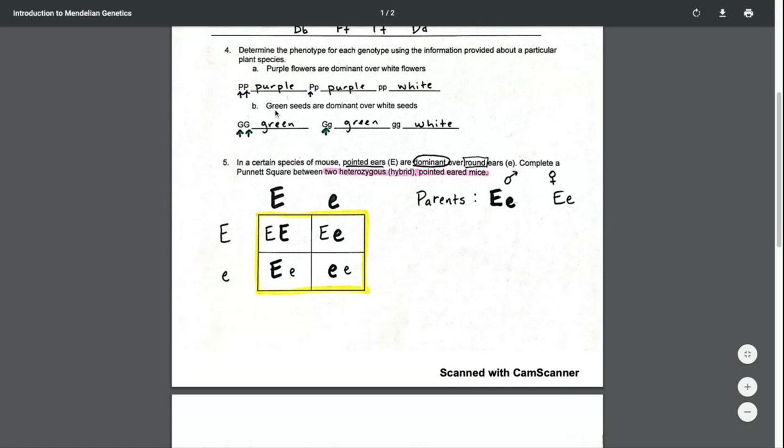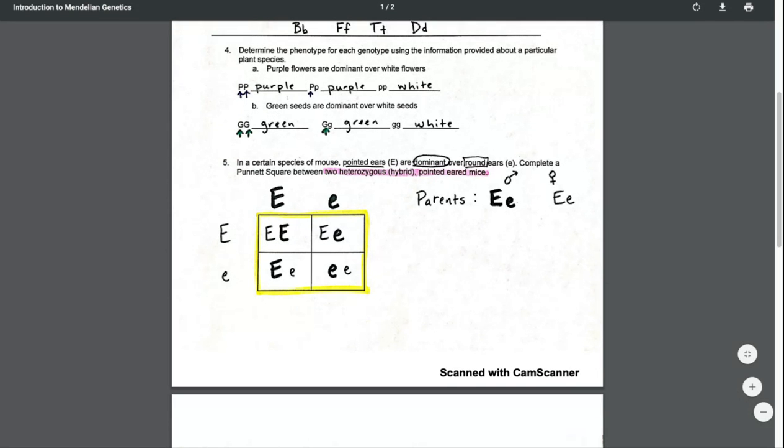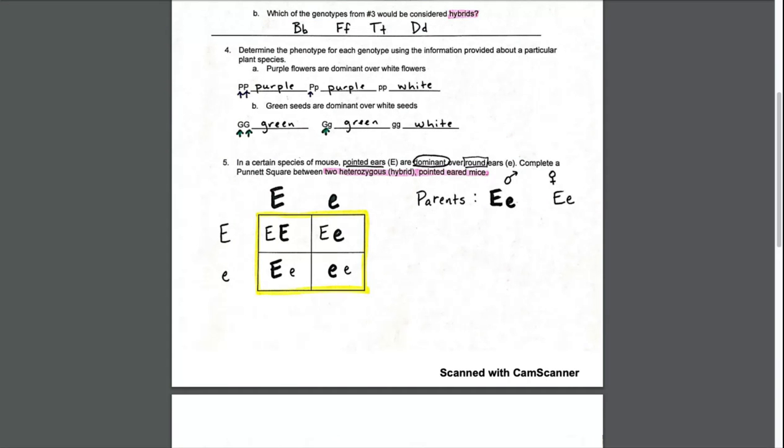In 4B, we see the statement green seeds are dominant over white seeds. So here we have capital G. Since capitals represent dominant alleles, these seeds would be green. We have 1 capital, 1 lowercase in this next example.